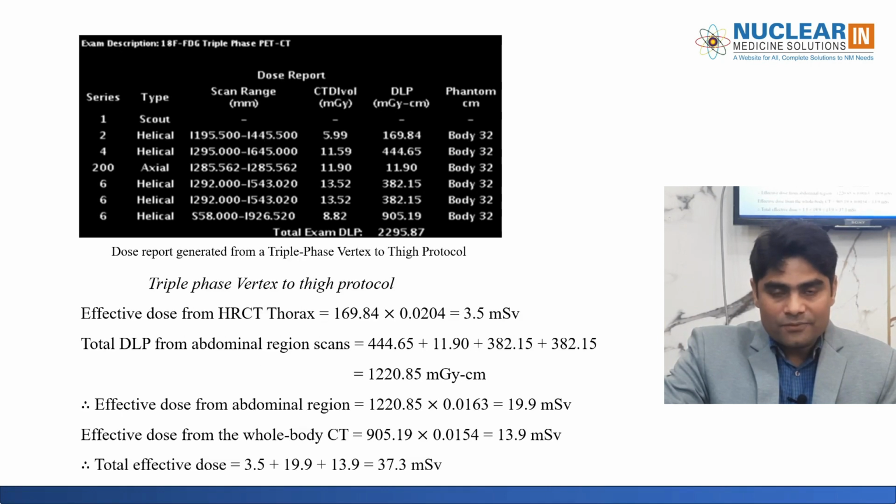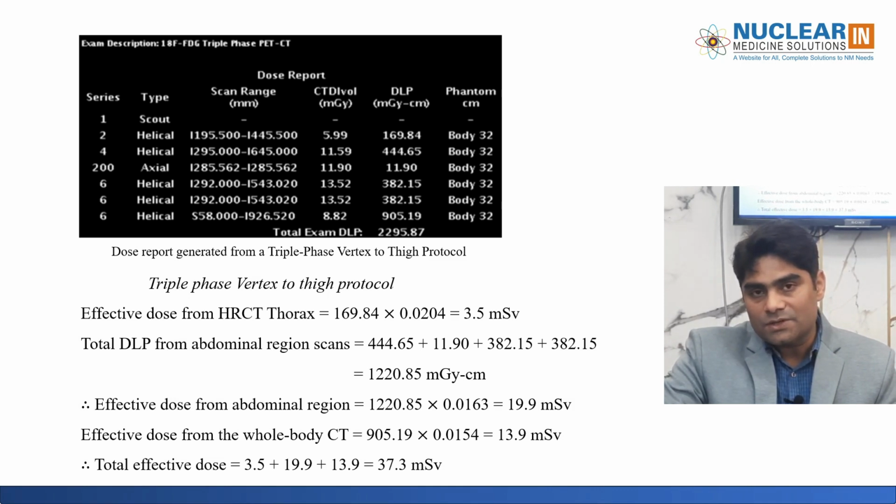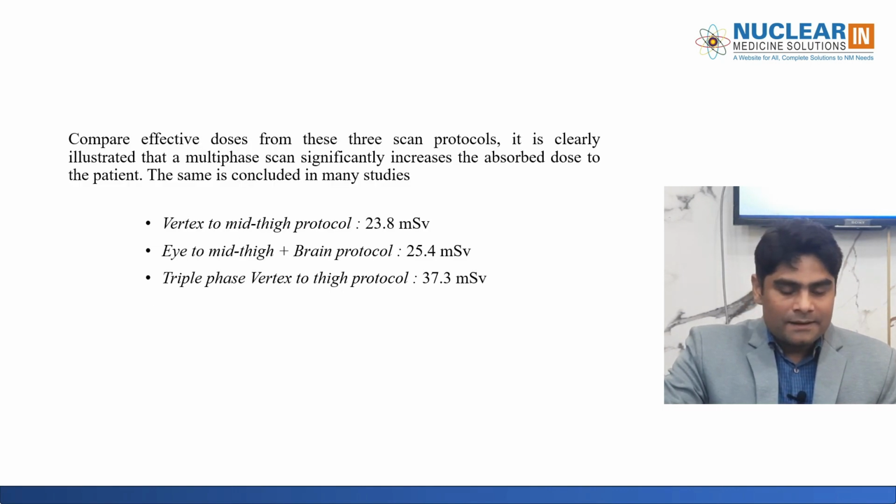It is more than 50% higher dose than what we obtained in the vertex to thigh protocol. So just see how much the dose increases for the patients in triple phase CT protocol, and what the importance is of carefully determining protocol selection. I'm comparing them on this slide, so just have a look at the values.